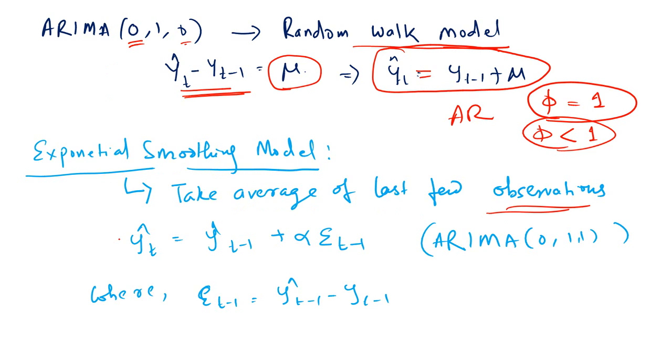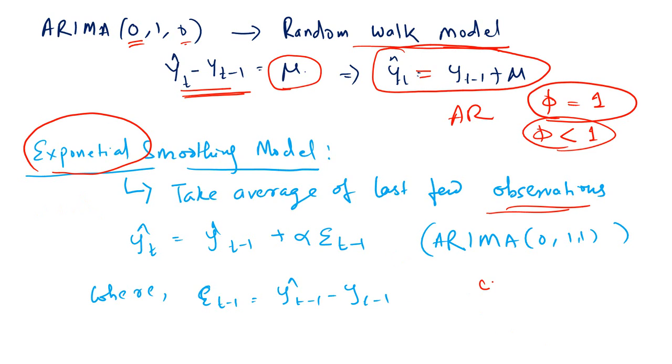One of the reasons why it's called exponential is that the weight given to the recent observation will be higher than the weight given to the observations which are far away from the current observation.